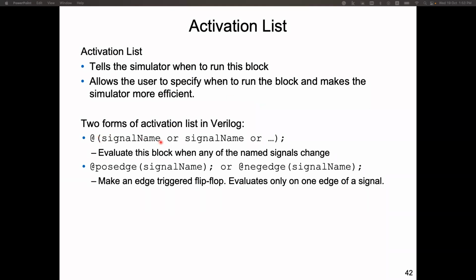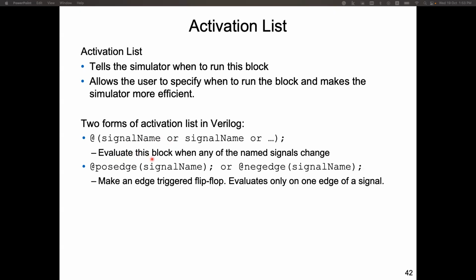There are two forms of activation list in Verilog. You can give a list of variable names that may trigger the block, using the keyword or, or you can use a comma here.